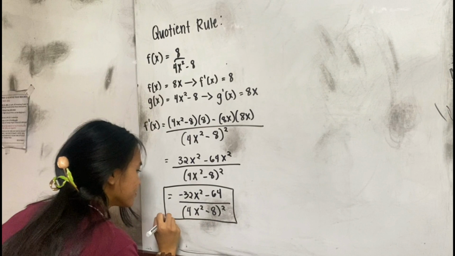So the given is f of x is equal to 8x over 4x squared minus 8.